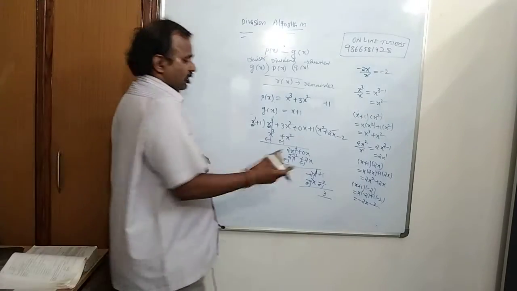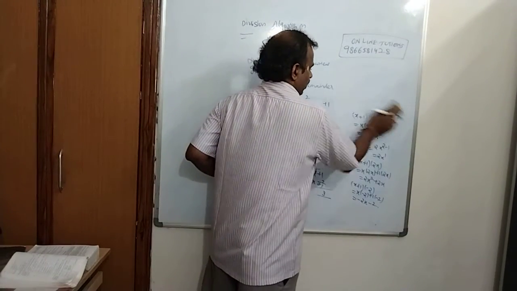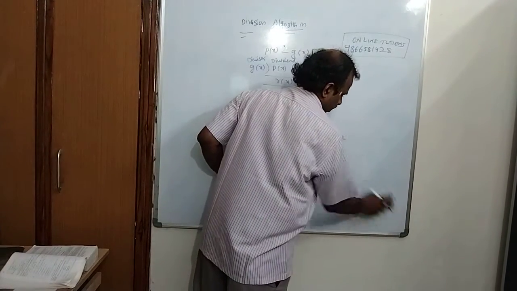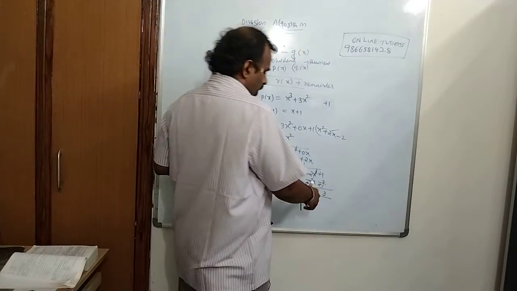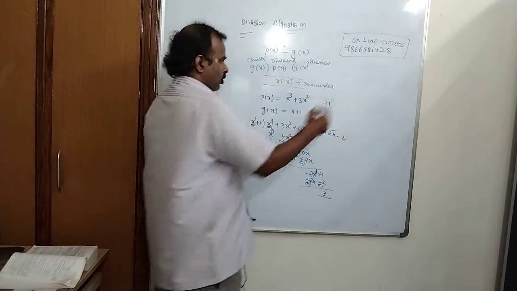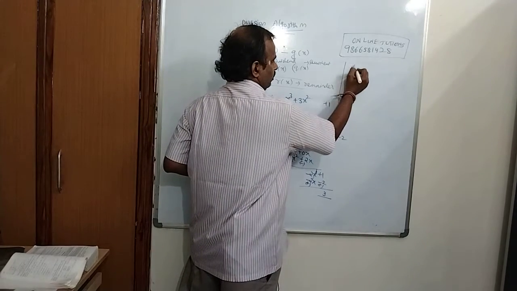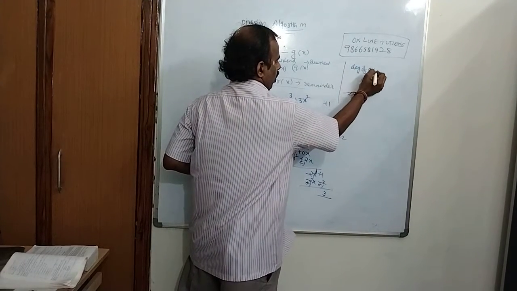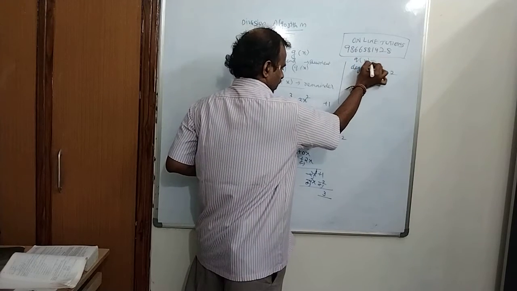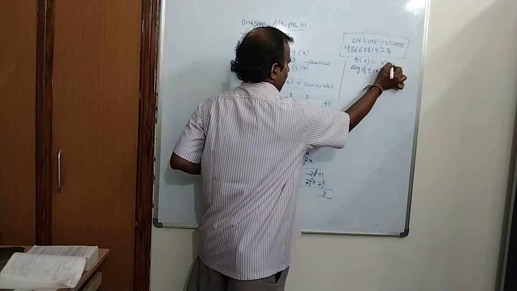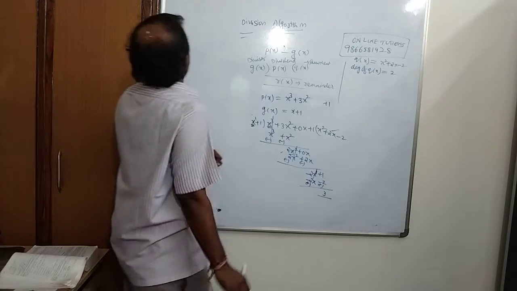But here 3 is not having any extra x with it. That means it is only a constant. Then in that case, what will be its degree? Degree of q of x is equal to 2. Q of x, that is the quotient, is x square plus 2x minus 2.